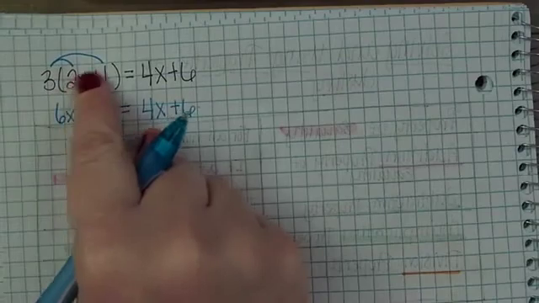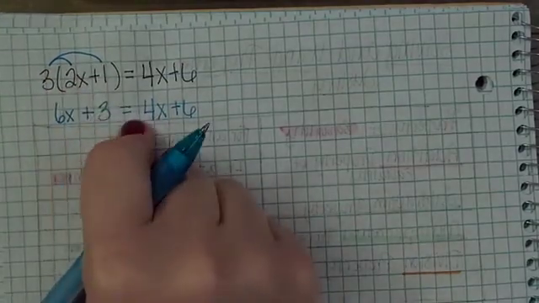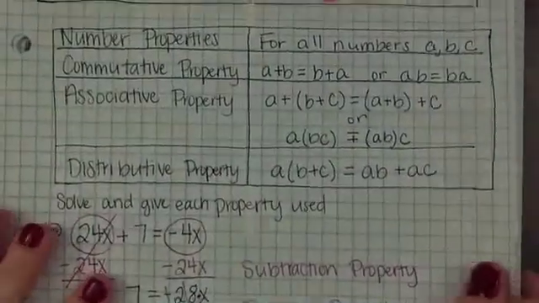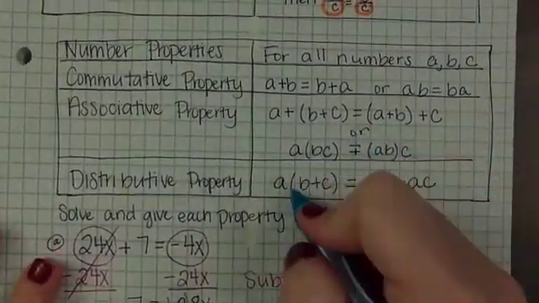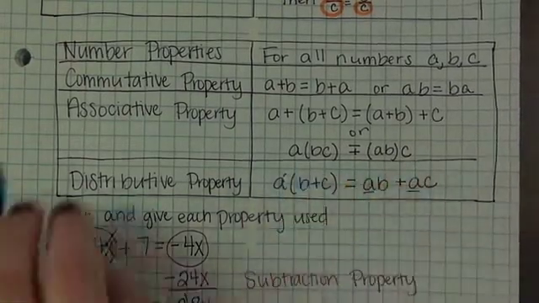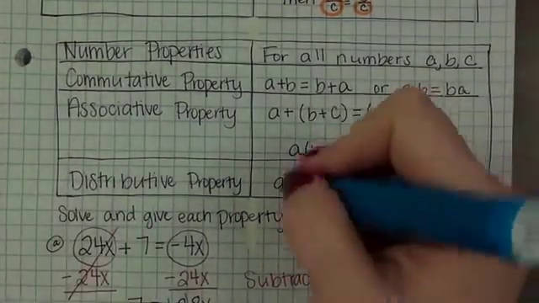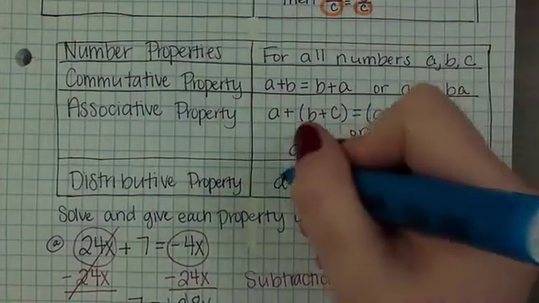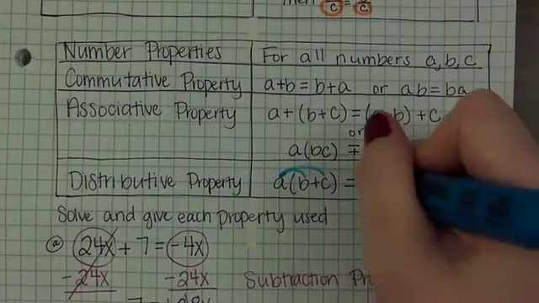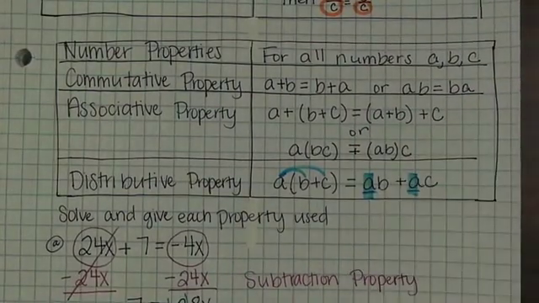So what did I just do in this blue step right here? If you flip back over, notice that would be the distributive property. The A is now multiplied into both of those parts. So let me use my blue highlighter. The A got multiplied into the B and A into the C. So that's where this A and this A came from.